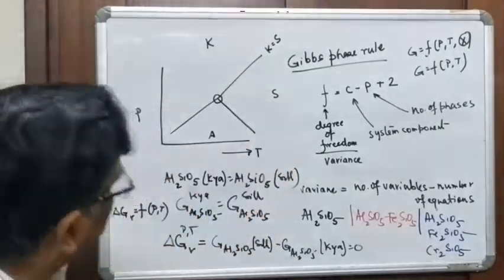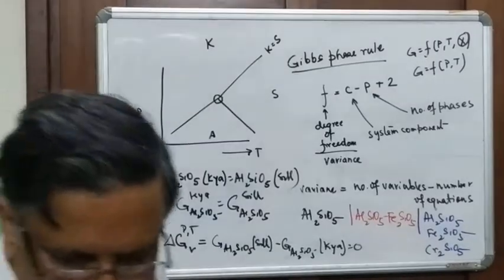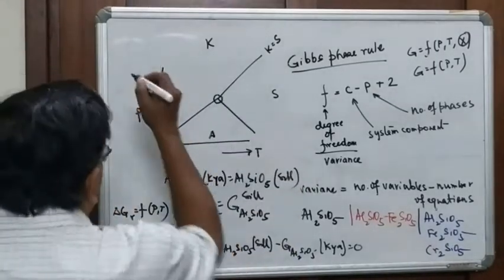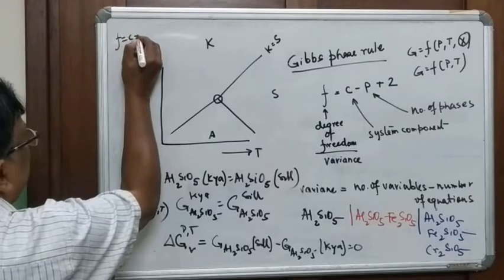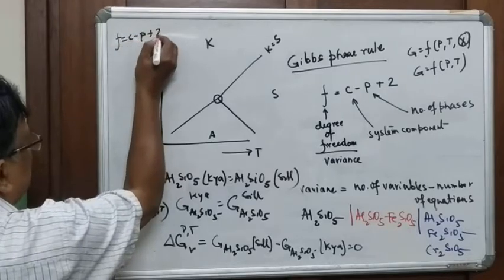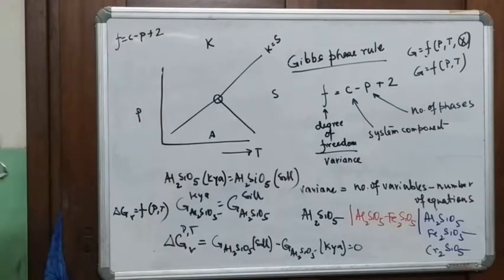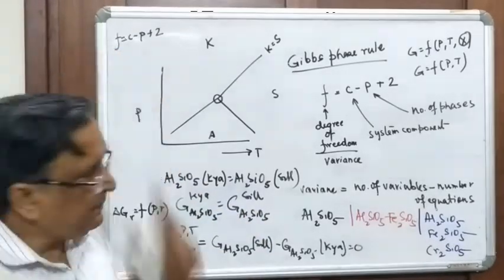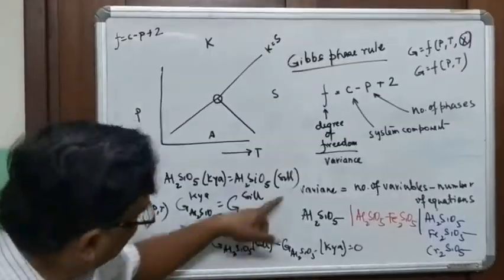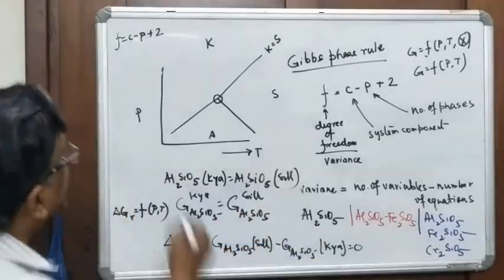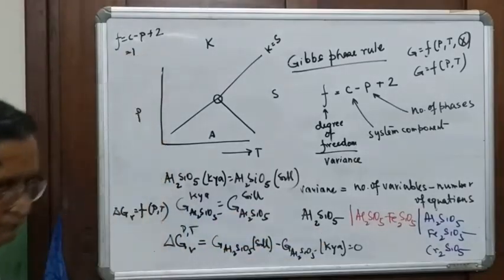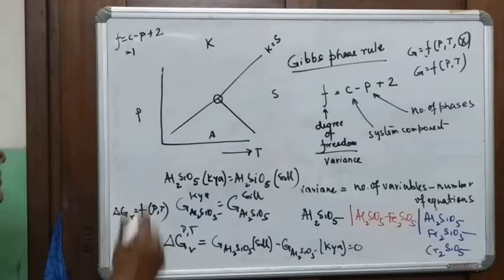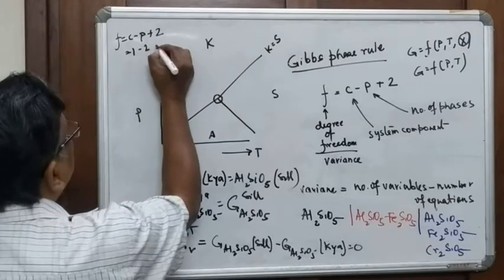Now, back to the Gibbs phase law. F is equal to C minus P plus 2. What is my C? I'm writing with the black pen. Al2SiO5: 1. How many phases? 2.